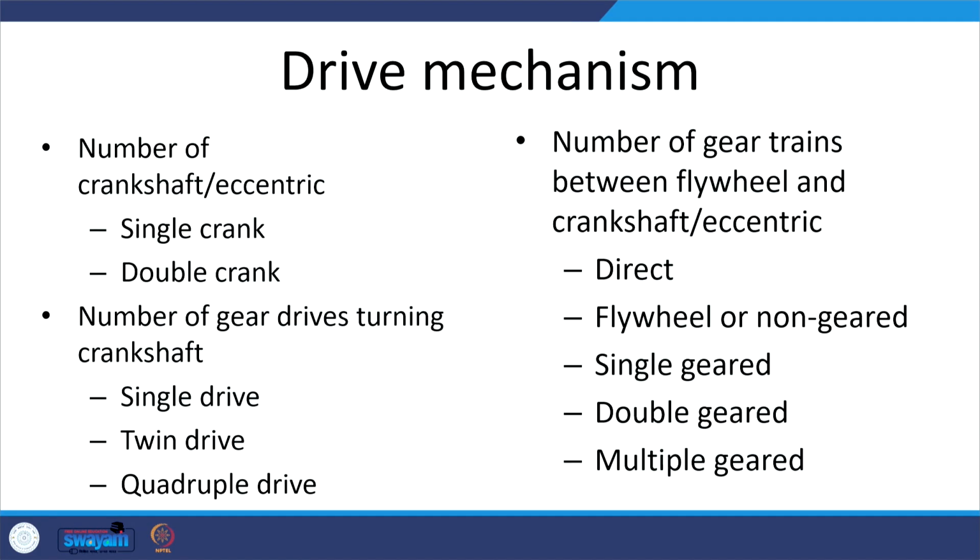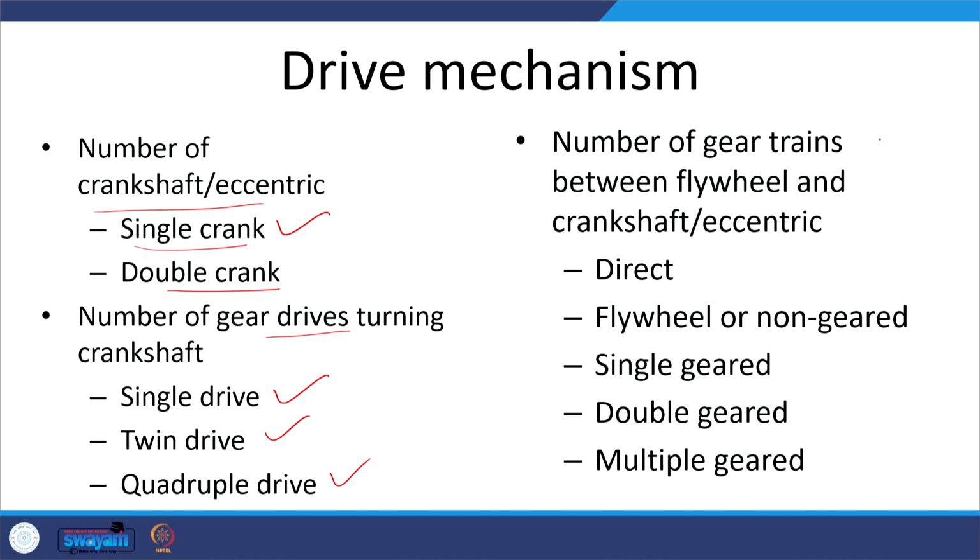The classification further, about the details: the number of crankshafts can be single crank, or number of cranks in a crankshaft, or eccentric, like there can be single crank, double crank, single eccentric, double eccentric, like that. Number of gear drives, like single drive, twin drive, or quadruple drive, which are delivering the power to the ram for applying the pressure during the operation.